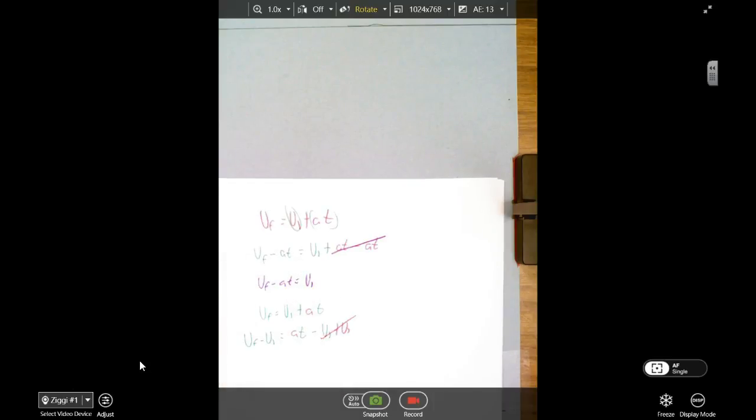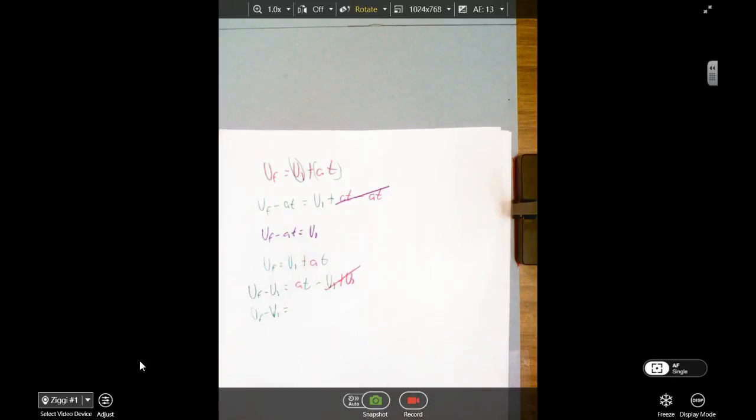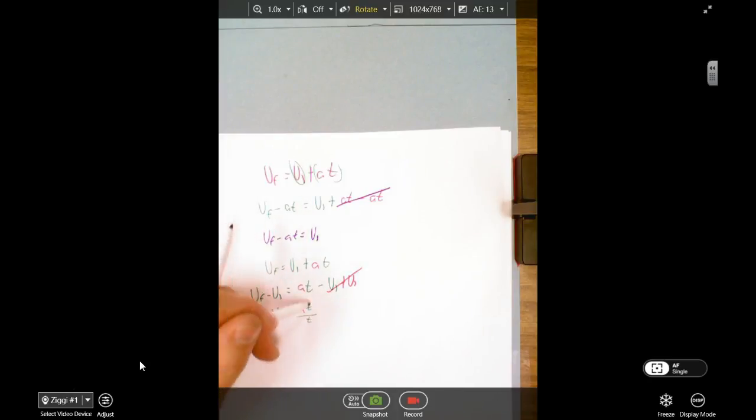They cancel out. So now I'm left with just this. Well, I have A times T. So, once again, following my pattern, velocity final minus velocity initial equals A multiplied by T divided by T.